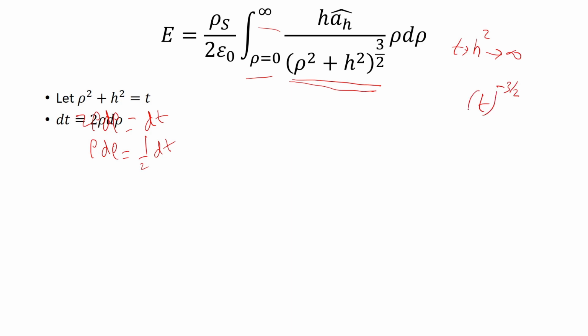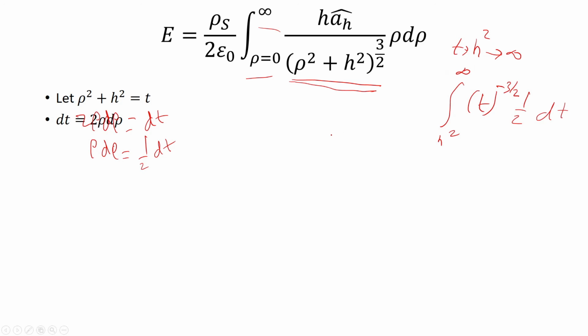Because t is in the denominator, when it goes up, it is t to the power of minus 3 by 2. Rho d rho is 1 by 2 dt over the limits h square to infinity.